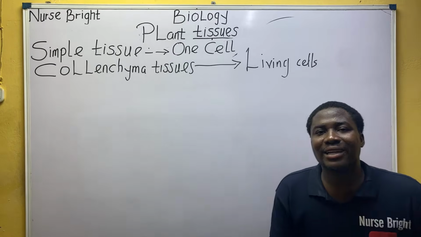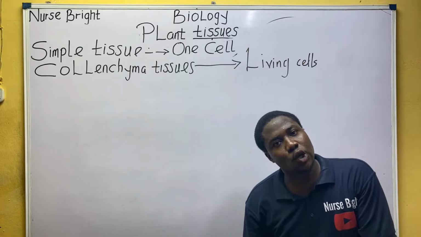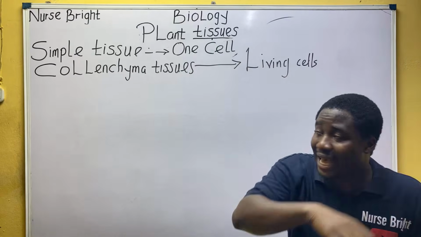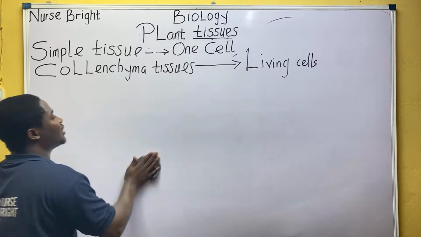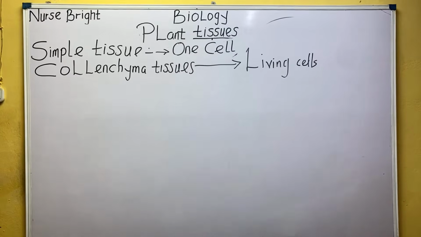The plant has already grown out from the soil. Root is under the soil. So their function is to support those growing plants, and they don't have business with the roots of a plant. They are not found there. All these are examples of simple tissues. So let's talk about the next one.